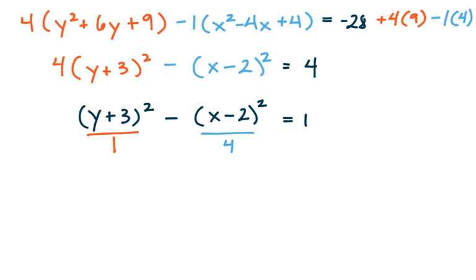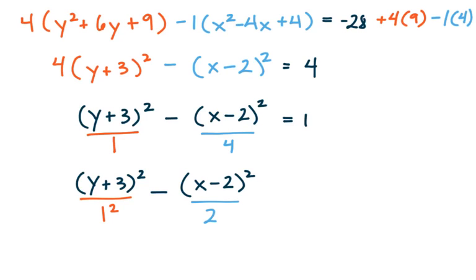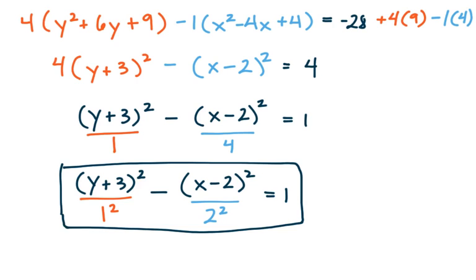Here now, I'll go one extra step. I have y plus 3 squared over 1 squared minus x minus 2 squared over 2 squared. That's equal to 1. I encourage you to go that extra step and find the roots of each of those denominator values because that's just going to help you to not make any mistakes.